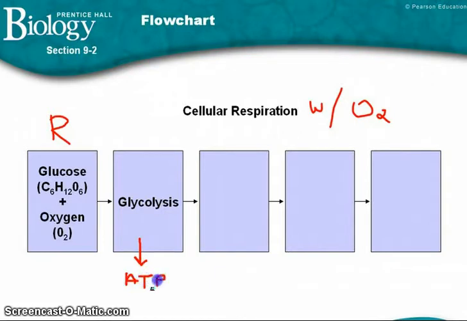Actually, this method gets us about 10% of the energy contained in a molecule of glucose. The end product of glycolysis was pyruvic acid. And you have that on your note handout, so you probably don't need to write that down. But that becomes the compound used to start the next step, which is the Krebs cycle.